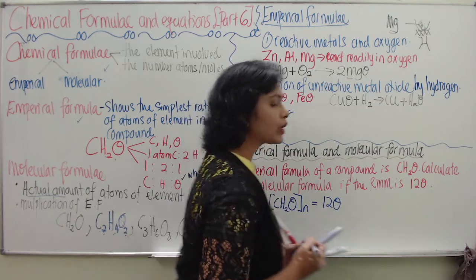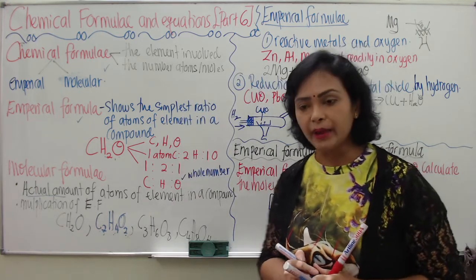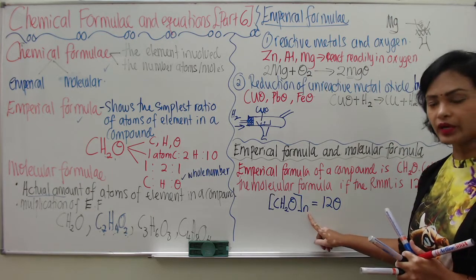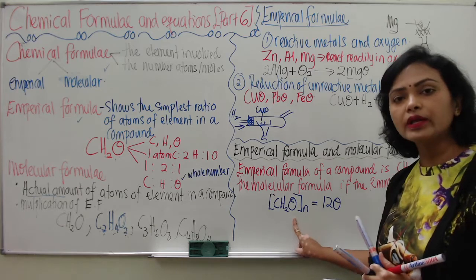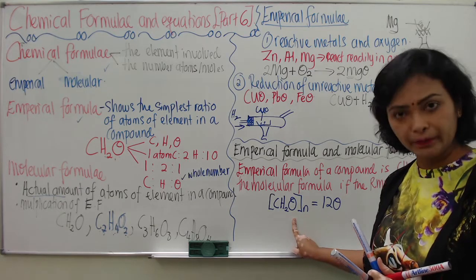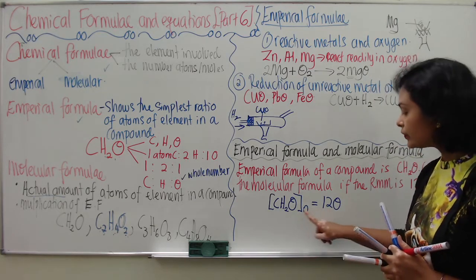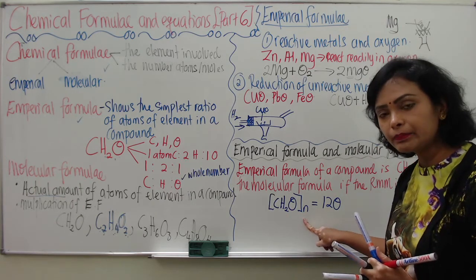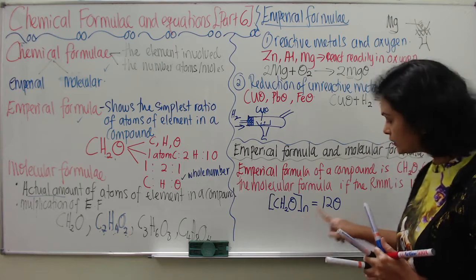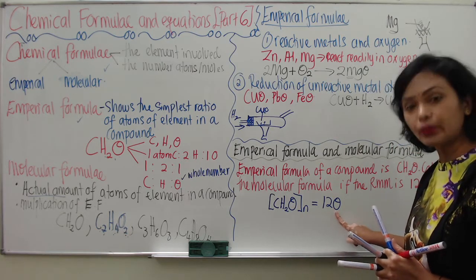This is how we connect the relative molecular mass with the molecular formula. We know the empirical formula, and we know the molecular formula is a multiplication of the empirical formula. Thus, the RMM of the multiplication of the empirical formula turns out to be 120.